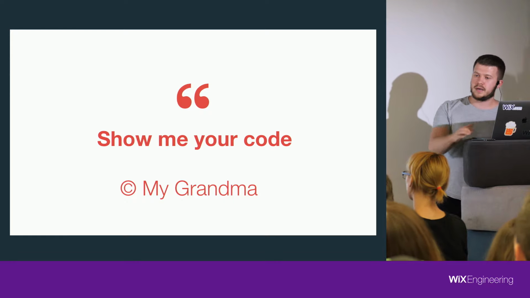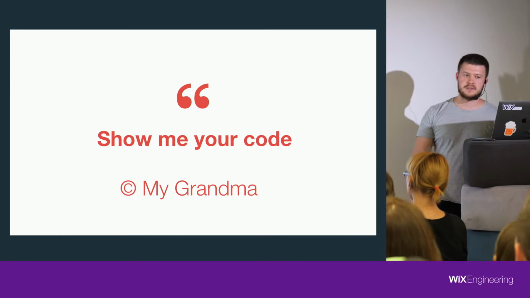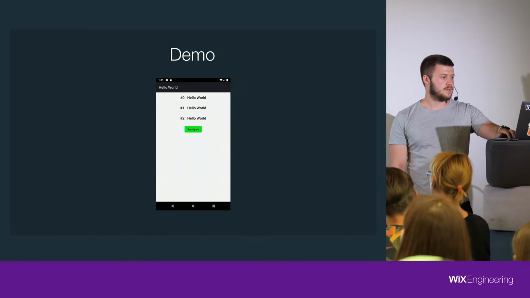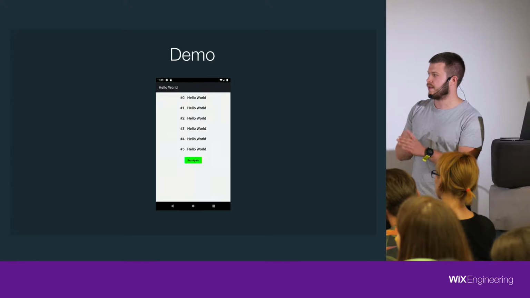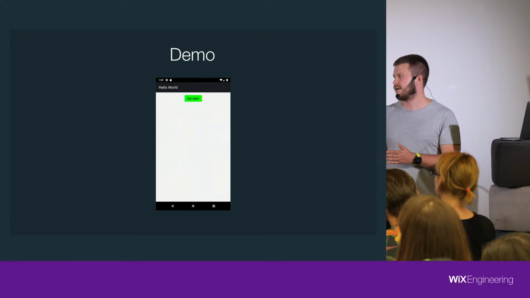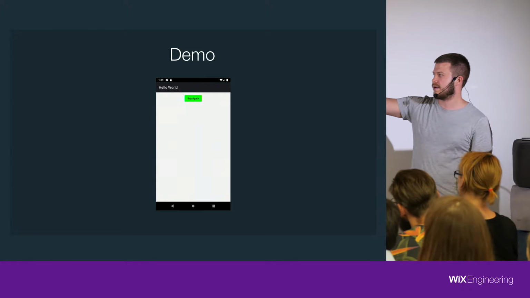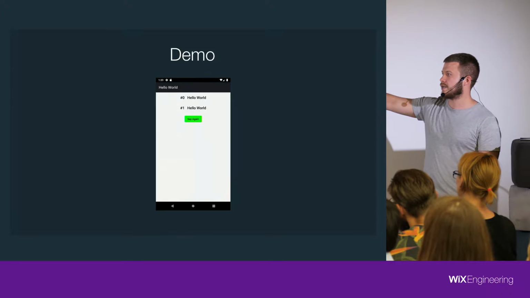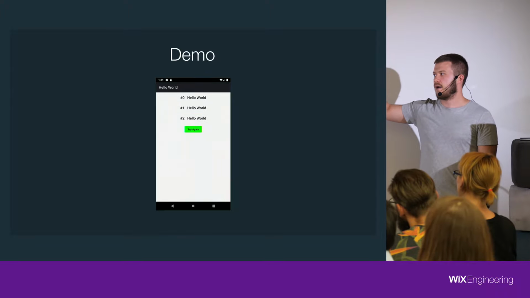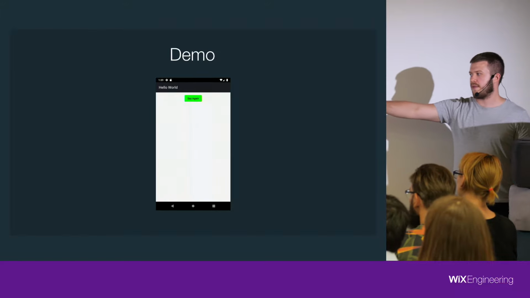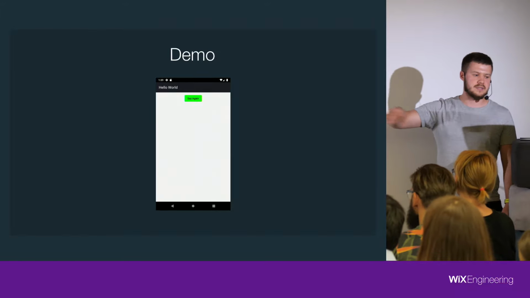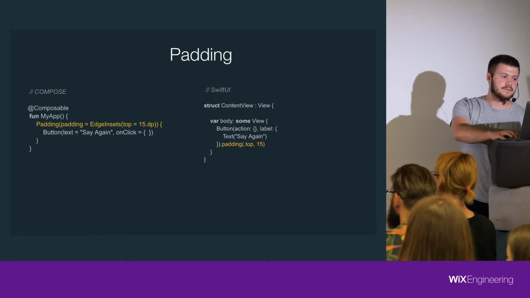So, yeah, I'm going to show you some examples. It's a very simple to-do list. I click on Say Again and add a list item. The index only changed, but the title still retains the same.